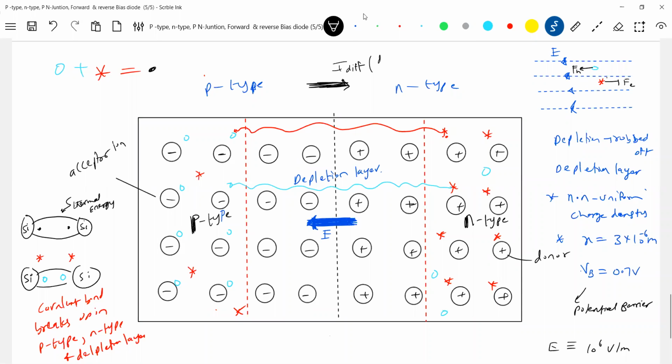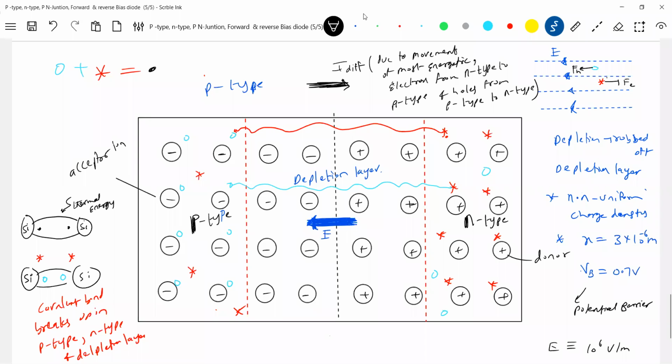Due to movement of the most energetic electrons from n type to p type, and the holes from p type to n type.